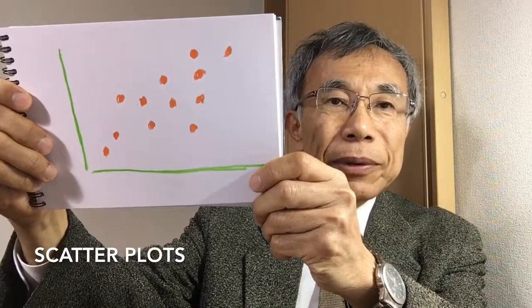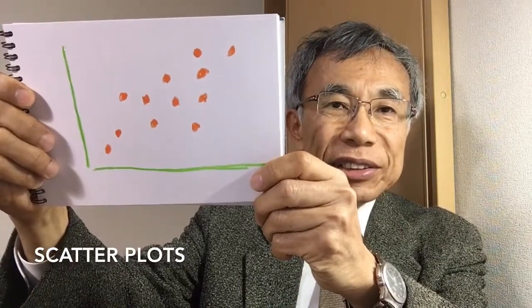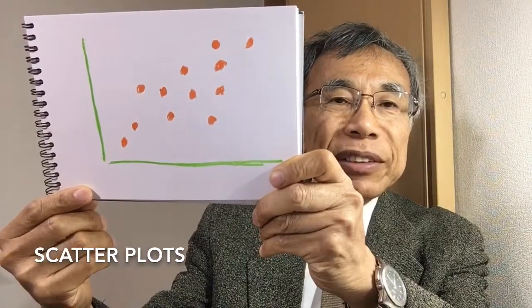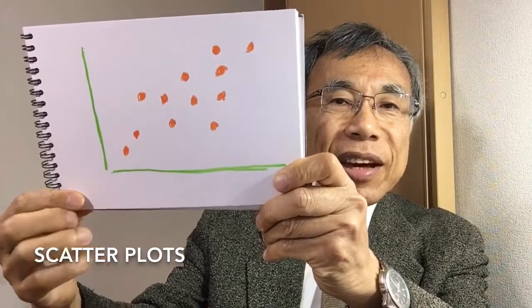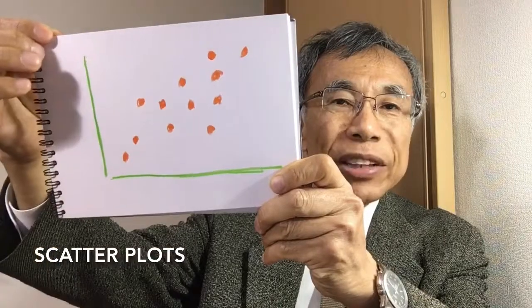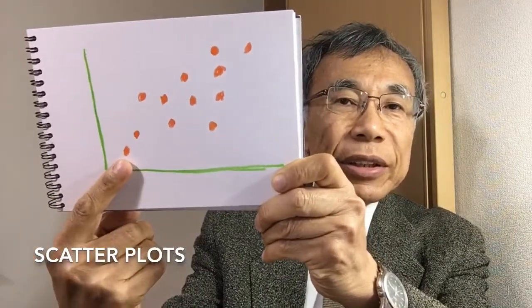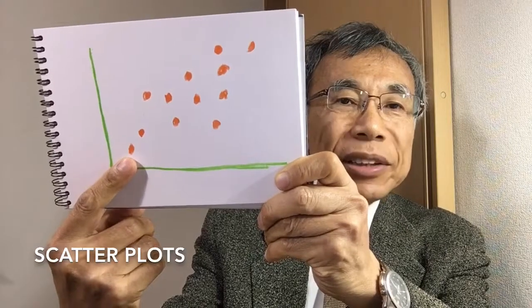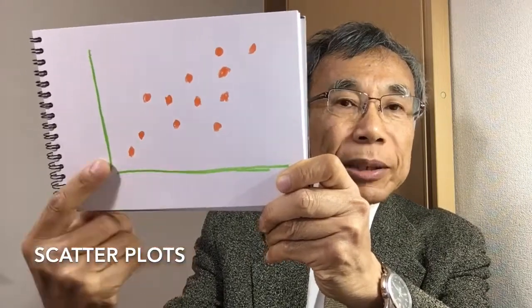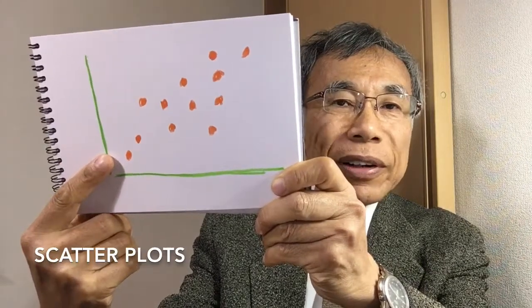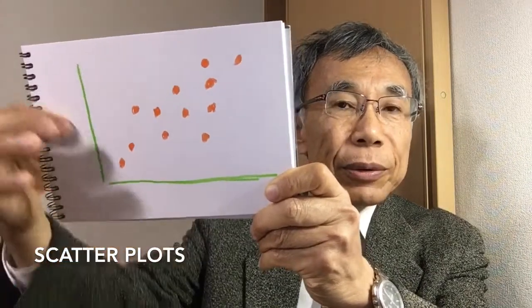For example, one axis of a scatter plot could represent height and the other could represent weight. Each person in the data would receive one data point on the scatter plot that corresponds to his or her height and weight.